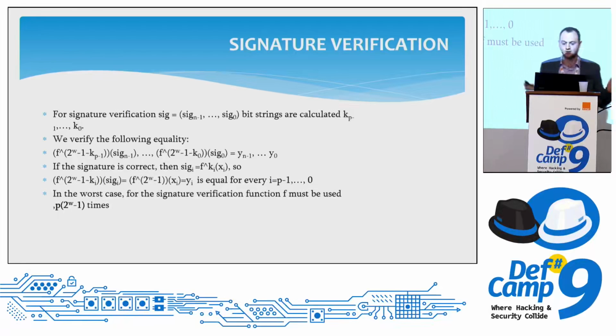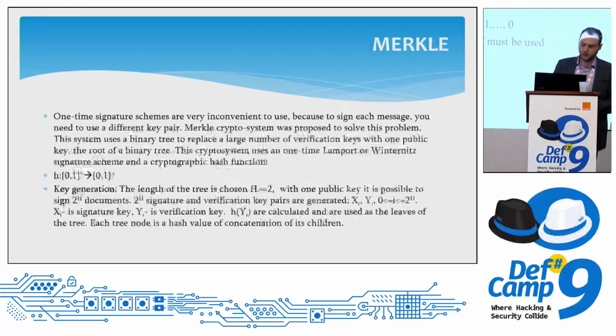So for signature verification, first of all, we calculate the ki's, and afterwards we verify the following equation. If it's true, the signature is true. And for the signature verification phase, f must be used p times 2 to the w minus 1 times.